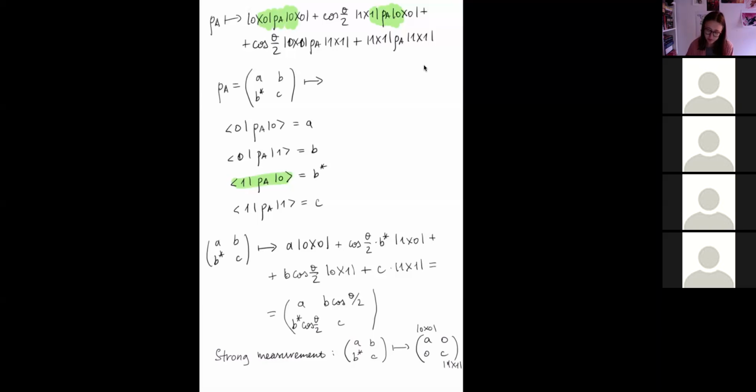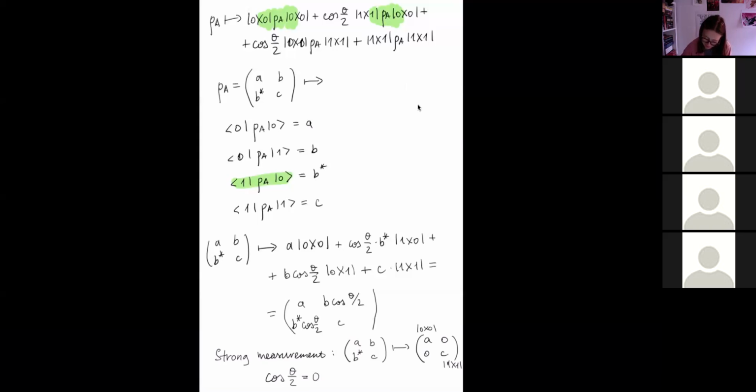Which means that if we want this measurement to be strong, then theta has to be a multiple of pi. So for example, it has to be pi, or 2 pi. No, 2 pi does not work. So 3 pi. God, I hate this. So cosine theta over 2 has to be 0, so that the off-diagonal elements have to be 0 in the end.